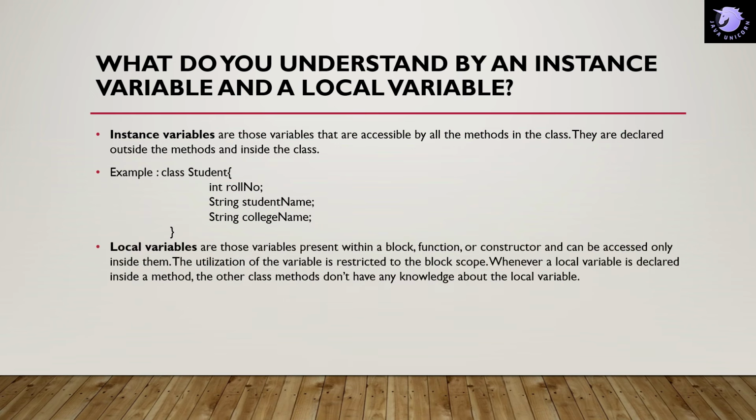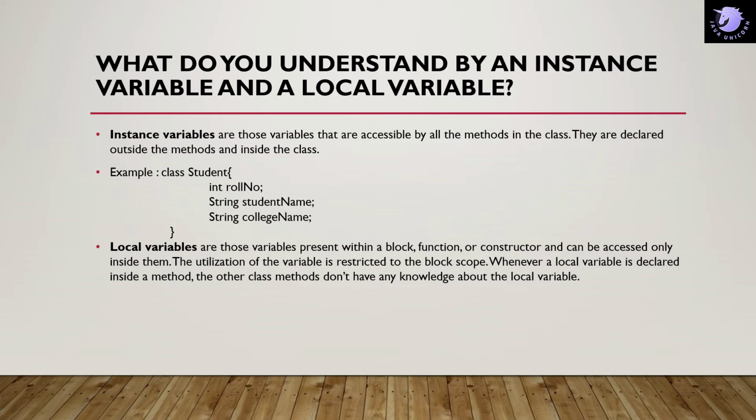Now what about local variables? Local variables are those variables which are defined inside a block, a function, or a constructor, and their scope is restricted to that block only. If you define a variable inside a method, its scope is limited to that method only.